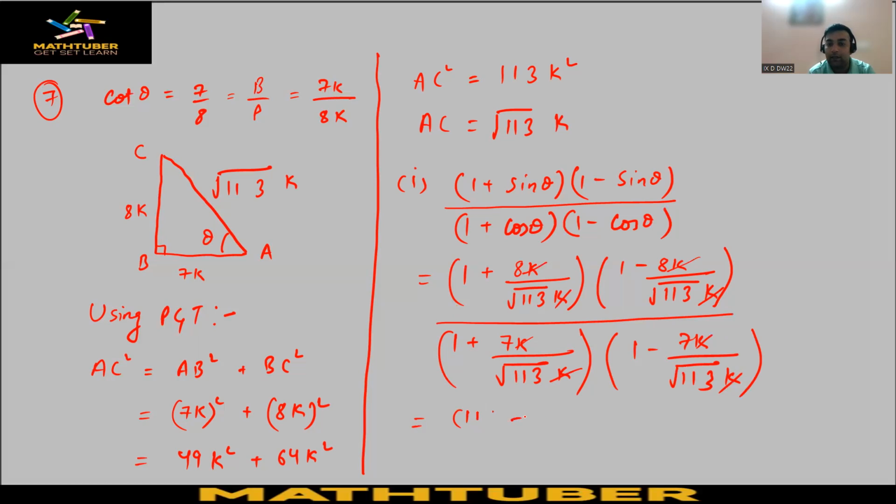So it will be 1 square minus 8 upon root 113 whole square divided by 1 square minus 7 upon root 113 whole square, right? Now if we solve this, you will get 1 minus 64 upon 113 upon 1 minus 49 upon 113.